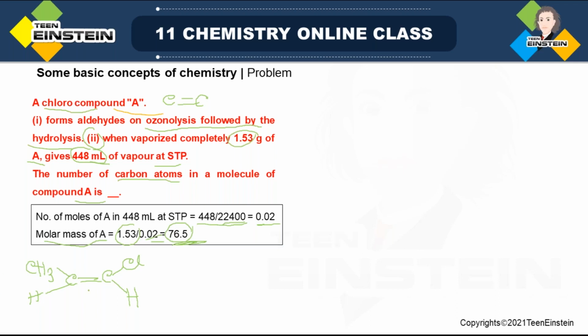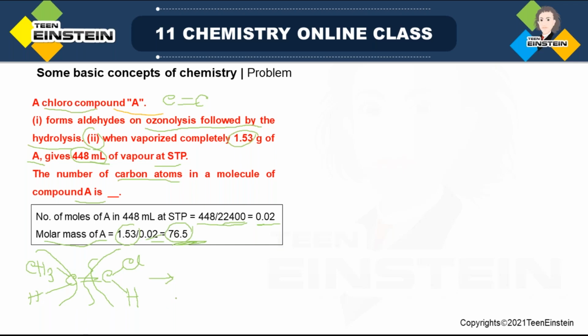Now if we do ozonolysis, what will we get? There will be this CC double bond cleavage. From one side you will get CH3COH, which is acetaldehyde. From the other side, you can get HCOCl.